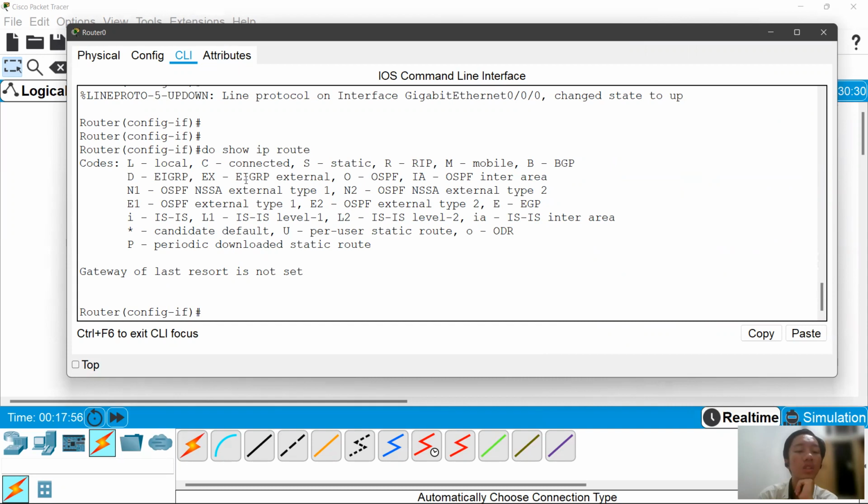In the IP route there is a code. Code L is local, C is connected. If you use routing static, the code is S. S means static, R is for RIP, M for mobile, B for BGP, and more.